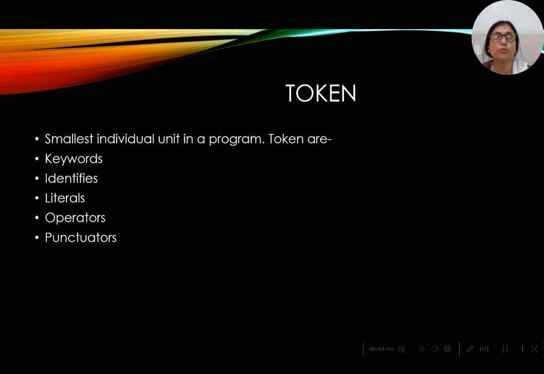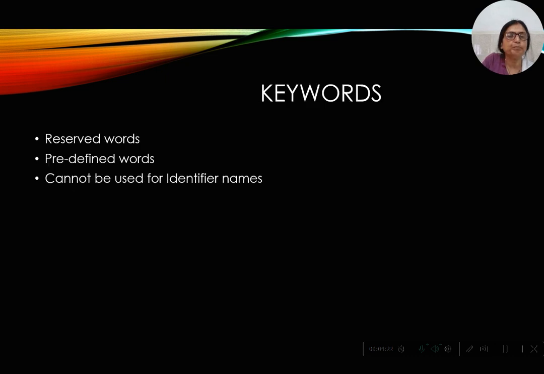Similarly, for Python also, different types of tokens are there. What are those? Keywords, identifiers, literals, operators, and punctuators. These are the different types of tokens in Python language. Now, let's discuss one by one.